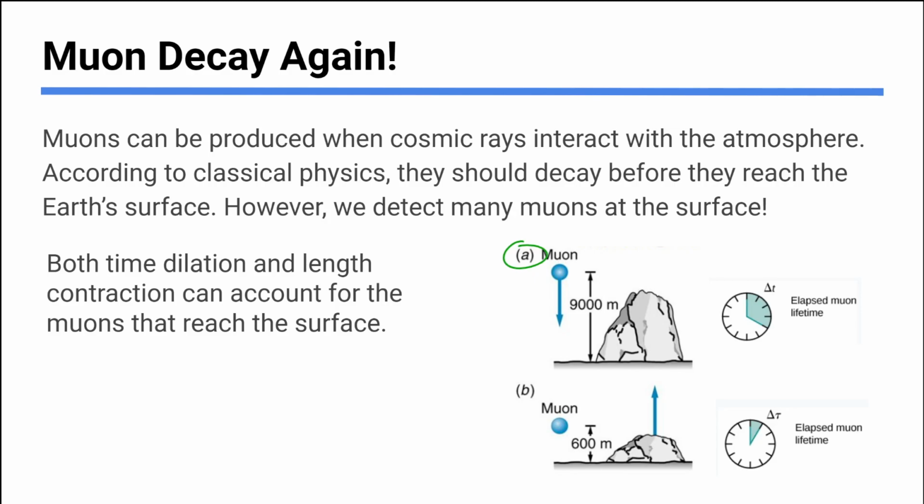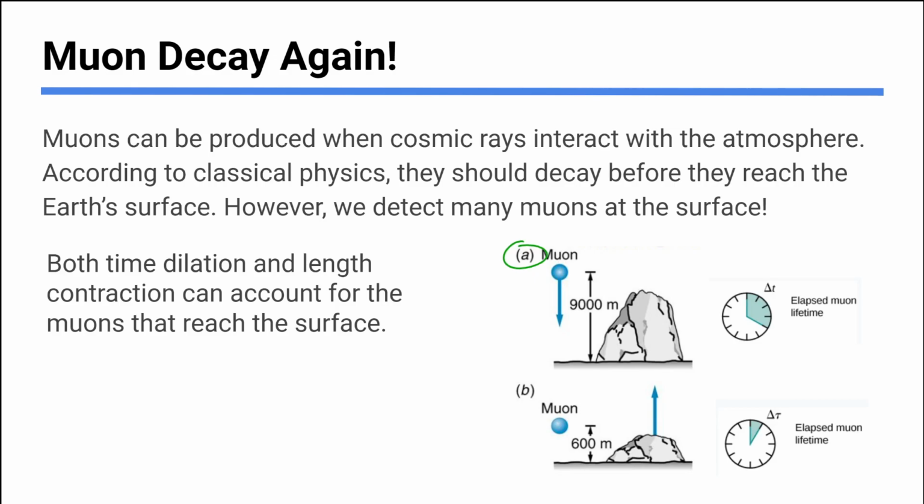Everything gets contracted for the muon relative to the ground. And it's fun. The mountain here would be the same width because it's only contracted in one dimension, the dimension you're moving. You see this really short, wide mountain flying up towards you, only 600 meters of distance.